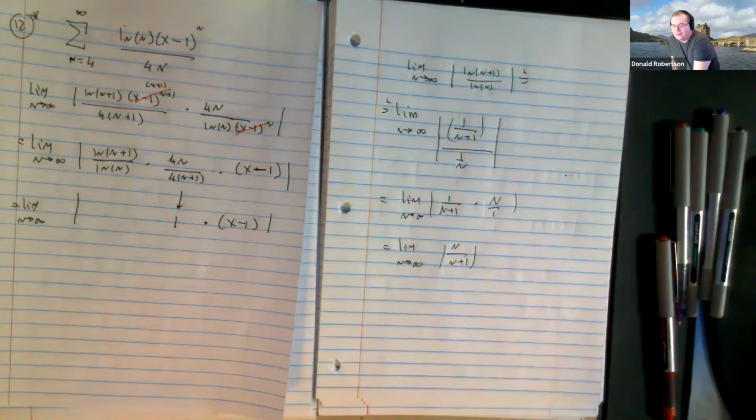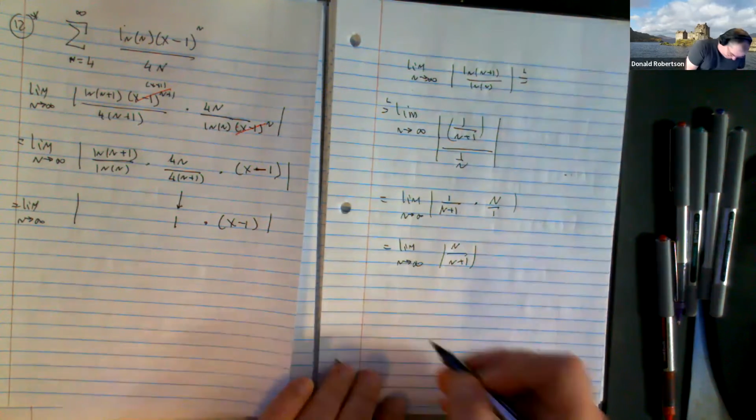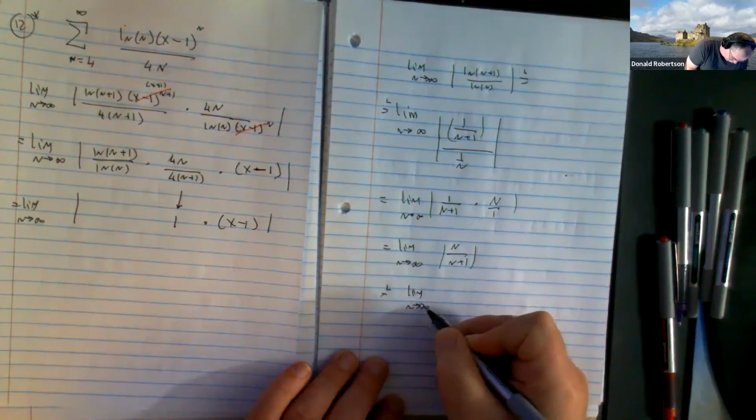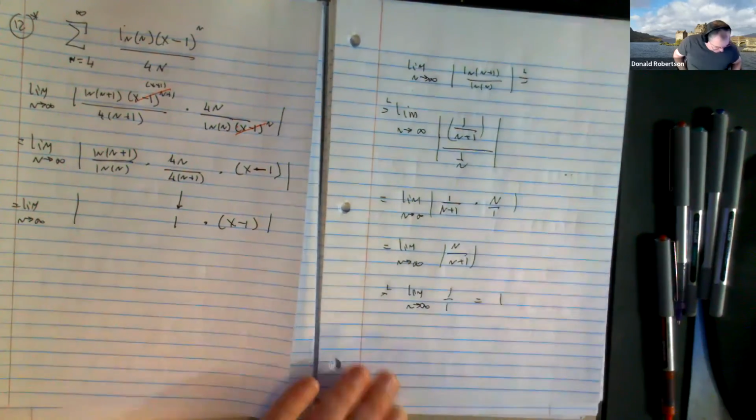Can we find the limit of n over n plus 1? Yes, can we just do L'Hopital again, since we're in the L'Hopital theme? And if you did L'Hopital, isn't it going to be 1 over 1, 1?